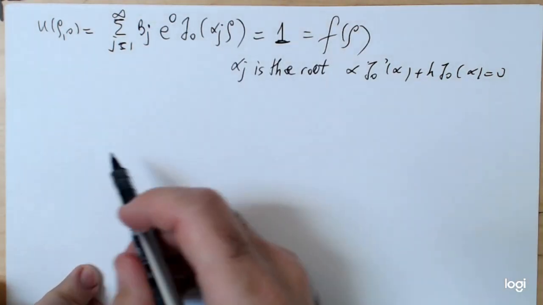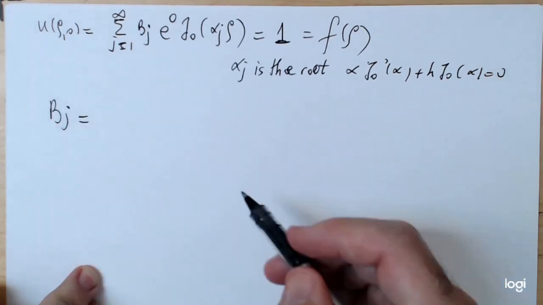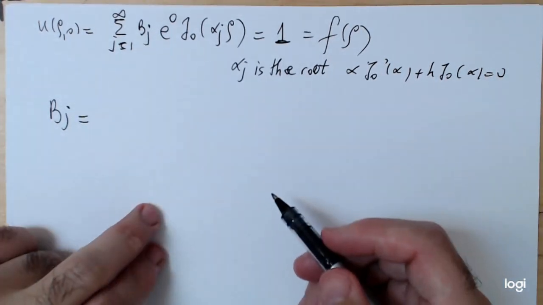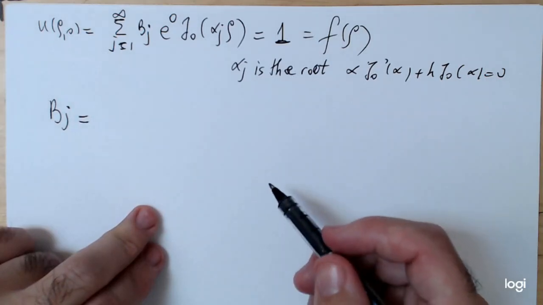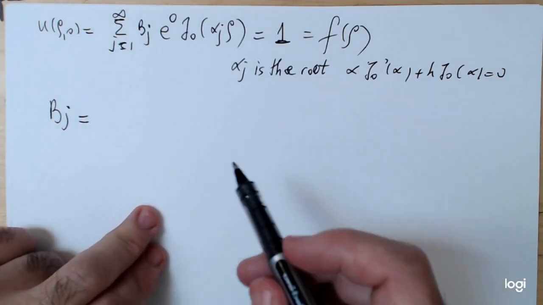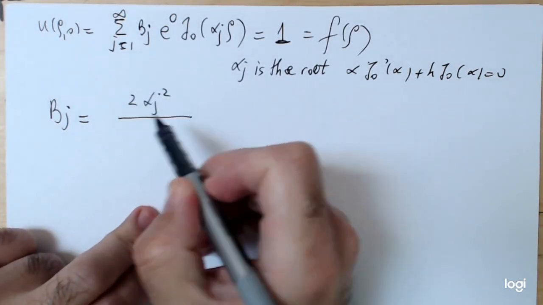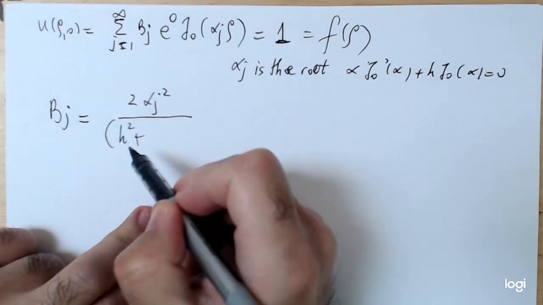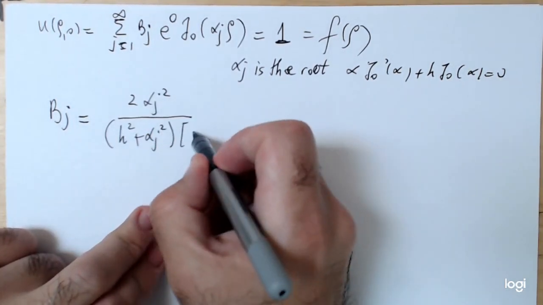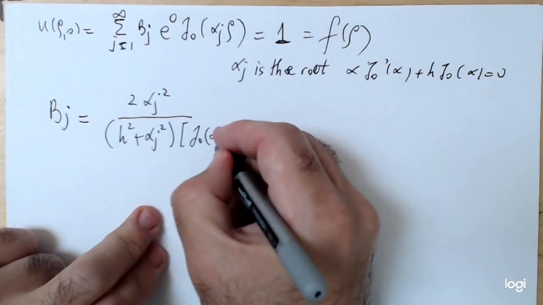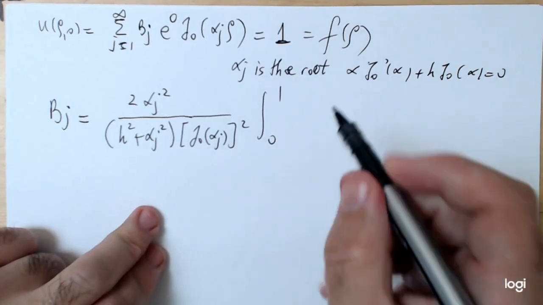So look at that formula and notice that b_j is given by that integral in part b, except you replace c with 1 and the function with 1 as well. So on the top, you're going to have 2 alpha j squared. On the bottom, h squared plus alpha j squared, J naught of alpha j to the power 2. And the integral is from 0 to 1.